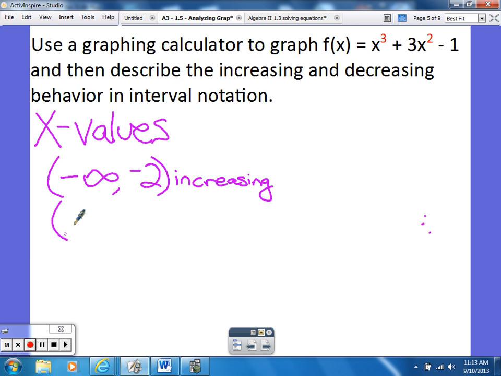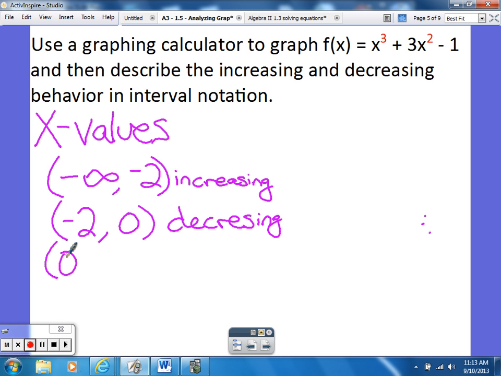So from negative 2 to 0, it is decreasing. Notice I repeated the negative 2. So what number do you think I need to repeat now? I need to repeat the 0, and now it goes from 0 to infinity, and for that it is increasing. Okay.